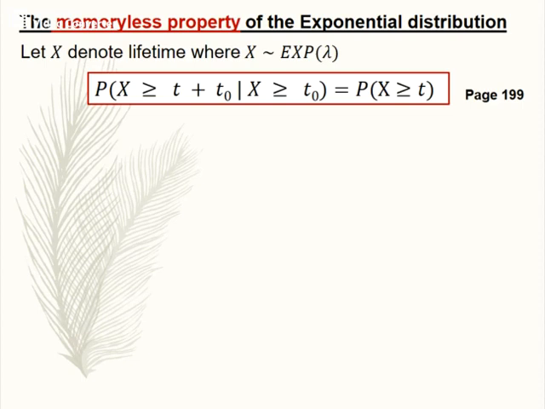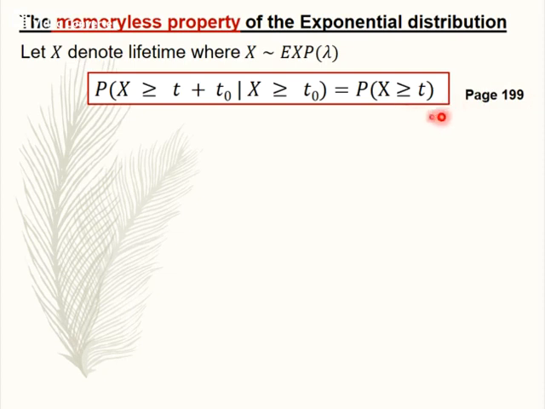Okay, so if we let x denote the lifetime of something, where x follows an exponential distribution with parameter lambda, then this probability holds. It's given on page 199.